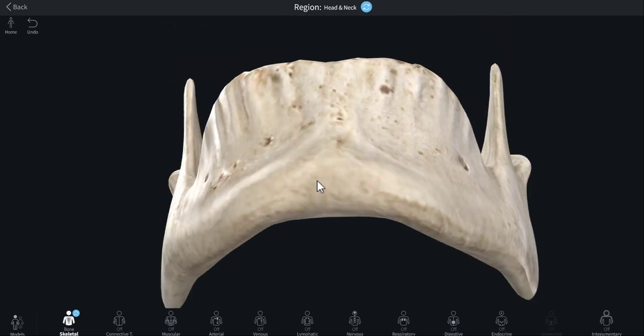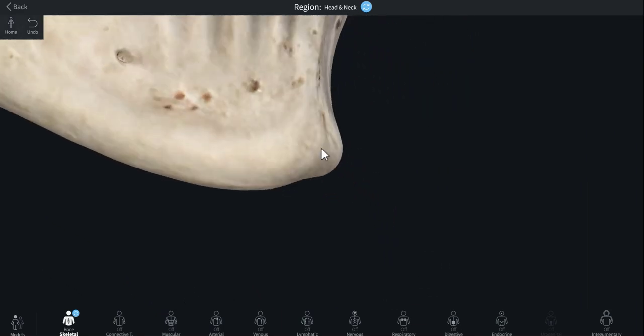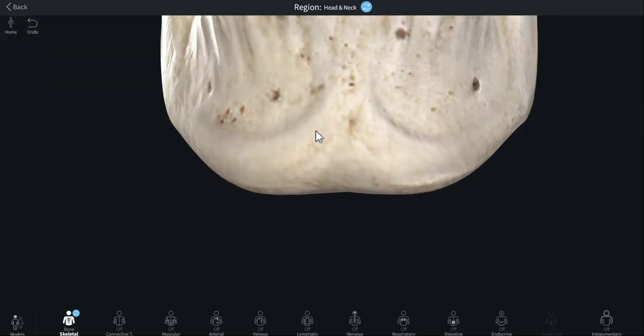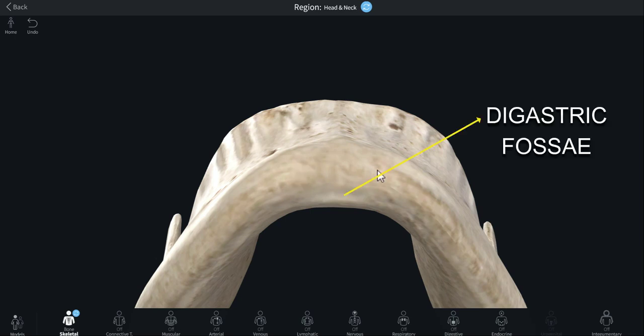So it obviously has these posterior parts and here these anterior parts. The anterior most part of the base of the mandible, somewhat the chin, has two fossae. These fossae are known as the digastric fossa.